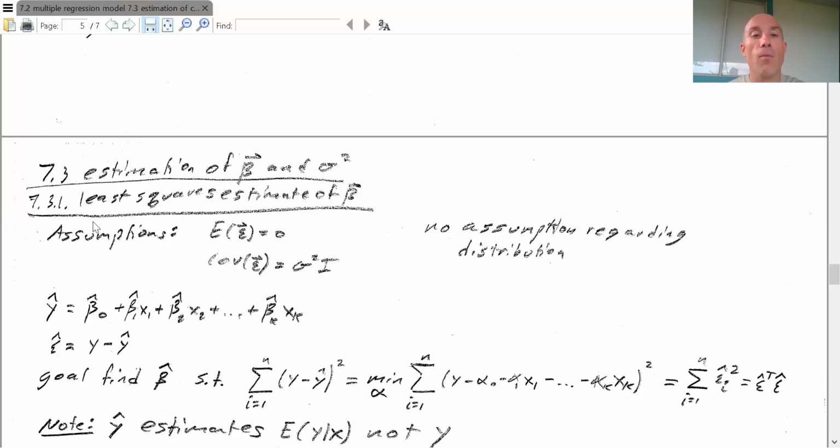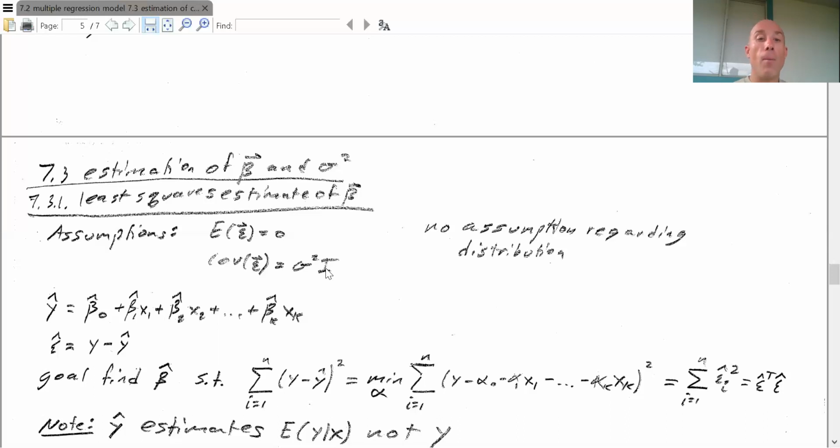Okay, so for least squares estimates of our betas, remember, we absolutely must have our two assumptions. First and foremost, the expected value of the random term given x is equal to 0, and the covariance of the random term given x is equal to sigma squared times the identity matrix.